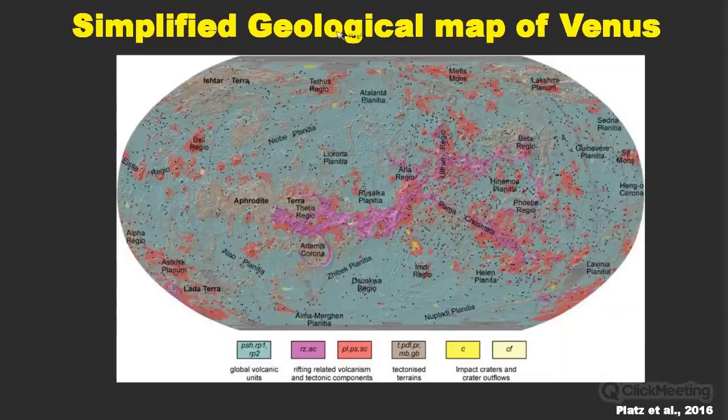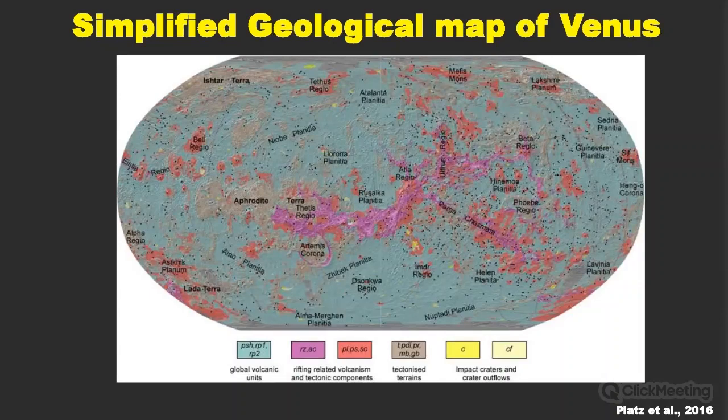This is a simplified geological map of Venus that we created using radar observations. What you can see here are volcanic units, rifts, tectonic components, terrains, and impact craters.